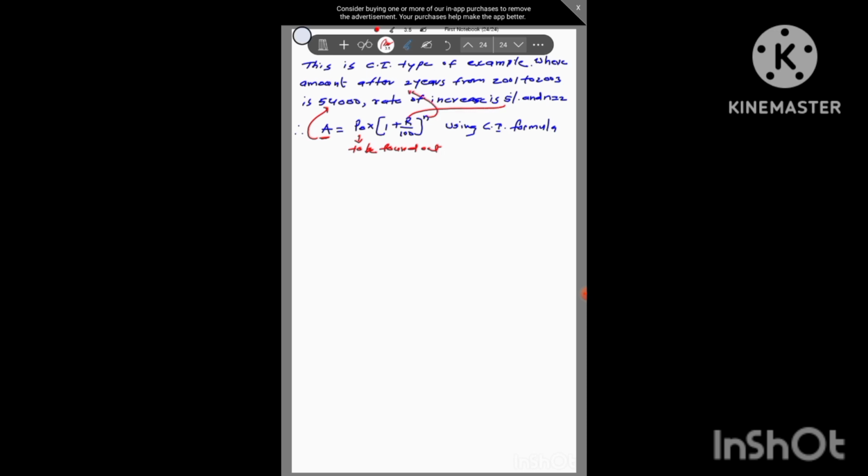R you know is 5%, N you know is 2 years. Now this has become a very simple problem: 54,000 equals P0 into 1 plus 5 upon 100 whole squared. The moment you write this correctly, it is just a mathematical expression.